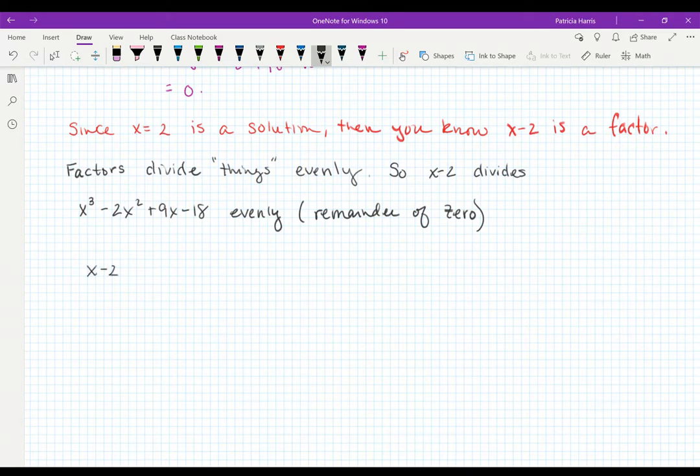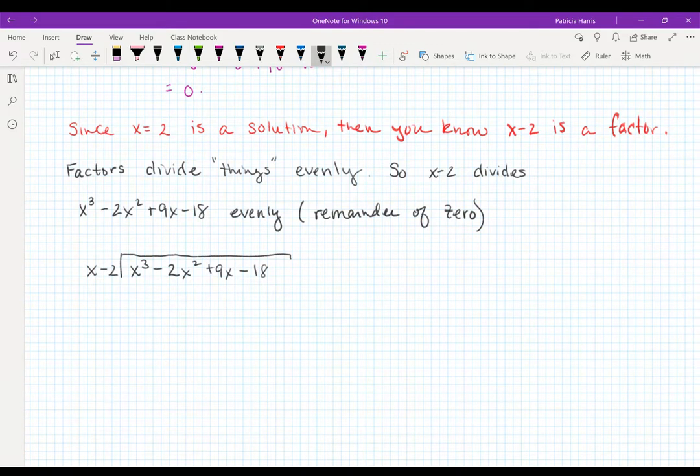If you remember long division from elementary school, you had a number on the outside, your divisor, and on the inside, your dividend. And on the top, eventually you would have a quotient.